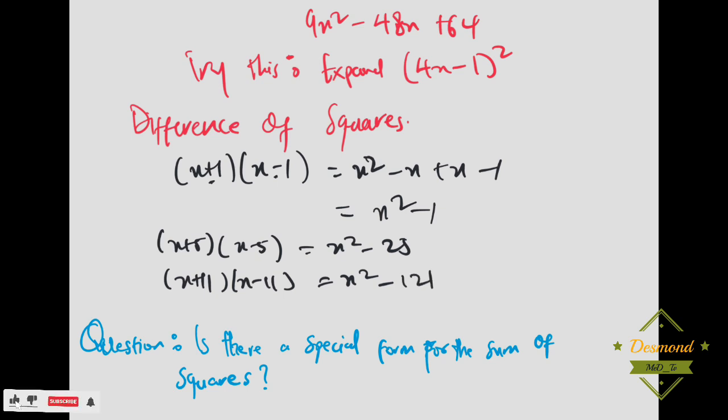You can give more examples. Now, because the sign changes in the second binomial, the outer and the inner terms cancel out, right? Now you will be left only with the square of the first term minus the square of the last term.